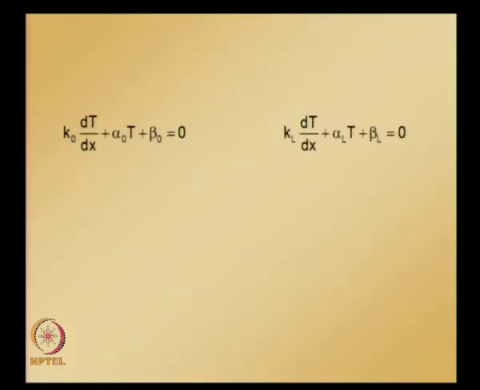and these are the natural boundary conditions that are given, and the element is chosen in such a way that the lower limit is x1 and the upper limit is x3.